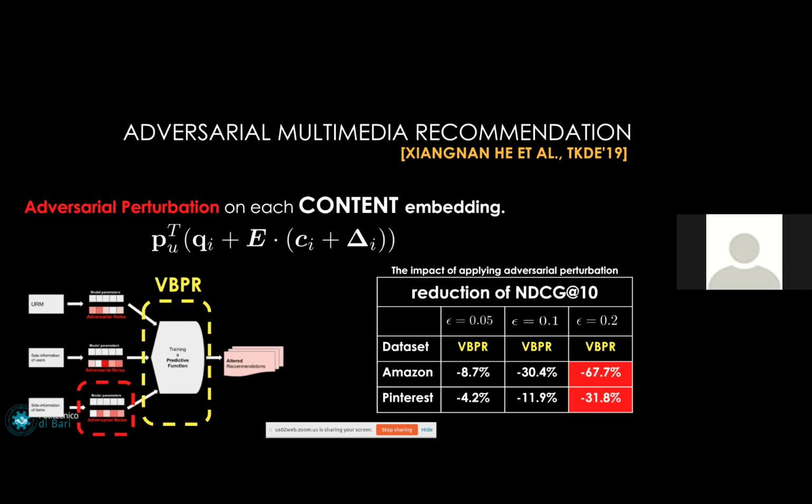For example, for datasets on Amazon and Pinterest, the authors show that for a very, very small epsilon, which is 0.2, they could reduce the NDCG at 100 by up to 70% or 30%. This is very interesting because it shows that from the point where these attacks are injected into the system, these noises could still impact the quality of the recommender system quite a lot.